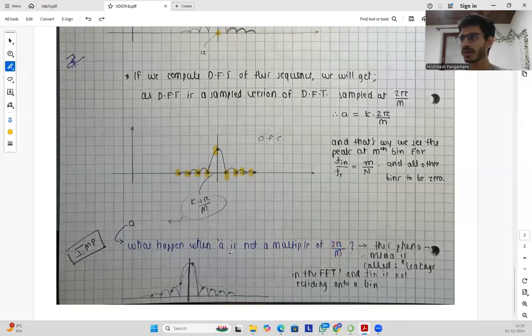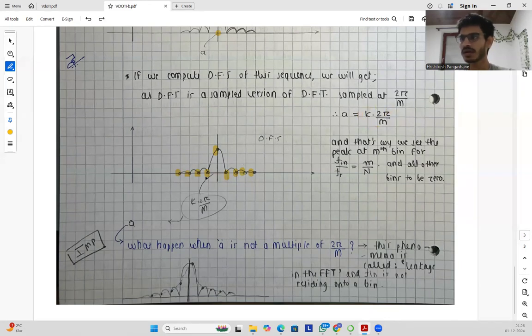This phenomenon is basically called leakage in FFT, where Fn does not reside in a particular bin. Now the samples get shifted, and when they get shifted, these points will not be 0. Over here, the samples have 0 values, and there is a peak at this coefficient where it is a.